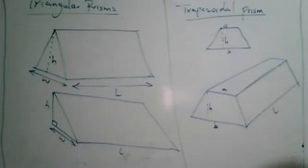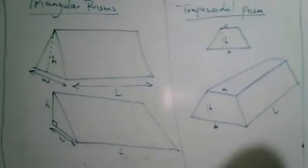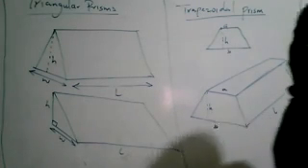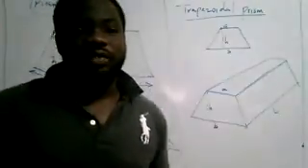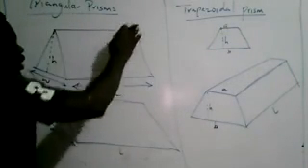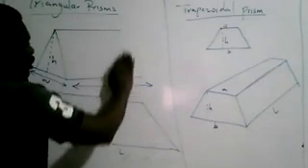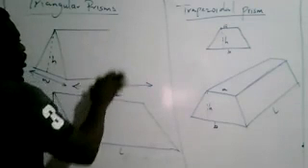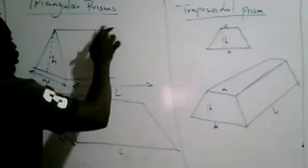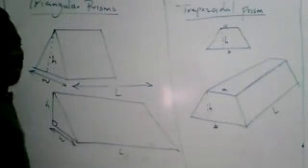Now, like all shapes, there are some measurements you can take. One of such measurements is volume. Now, if I were to calculate the volume, what would happen? I want to calculate the volume of our triangular prism.